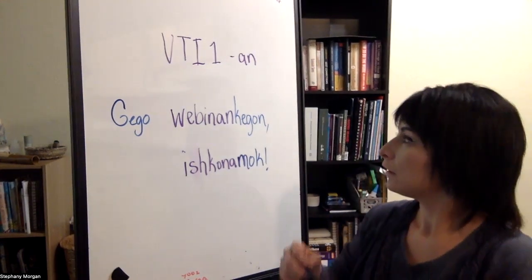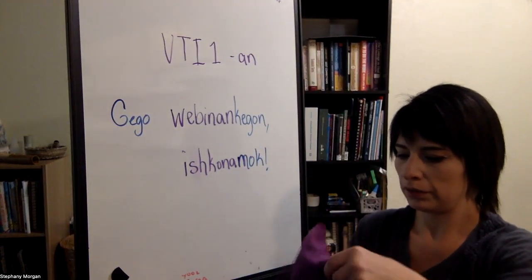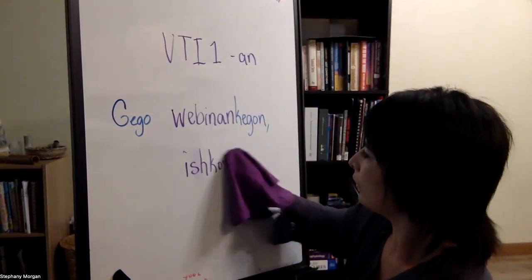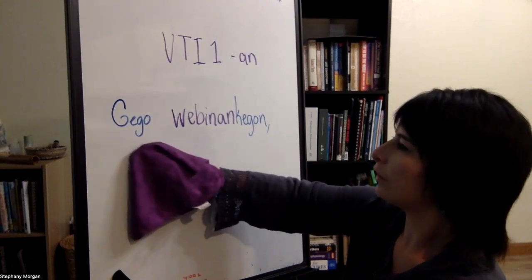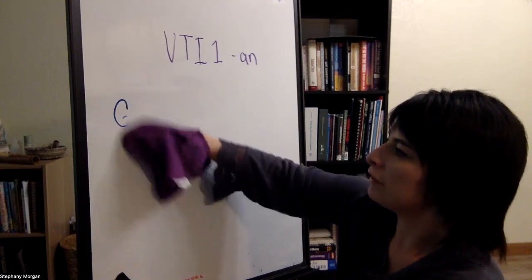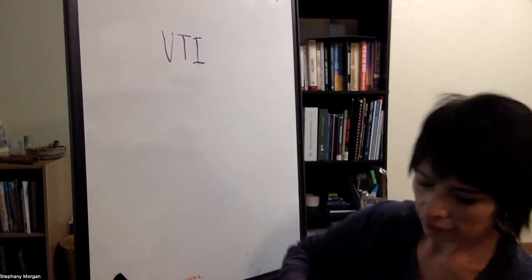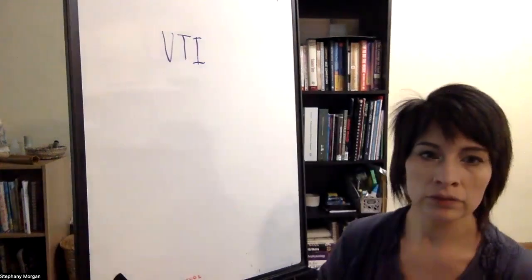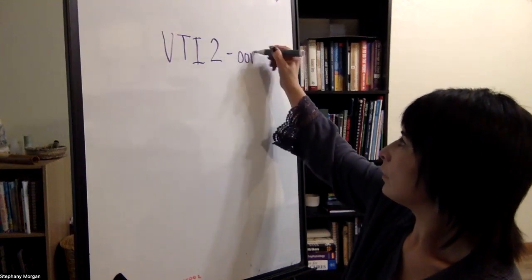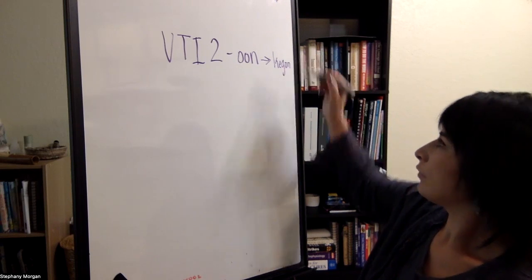For our VTI 2 and 3s, on the plus side, they have their negative commands as kego, kegwin. On the downside, the verb does change. Where the VTI verb doesn't change at all, it just gets that ending added onto it, VTI 2 and 3 still lose their ending end. So VTI 2's ending in un, they become kegwin.